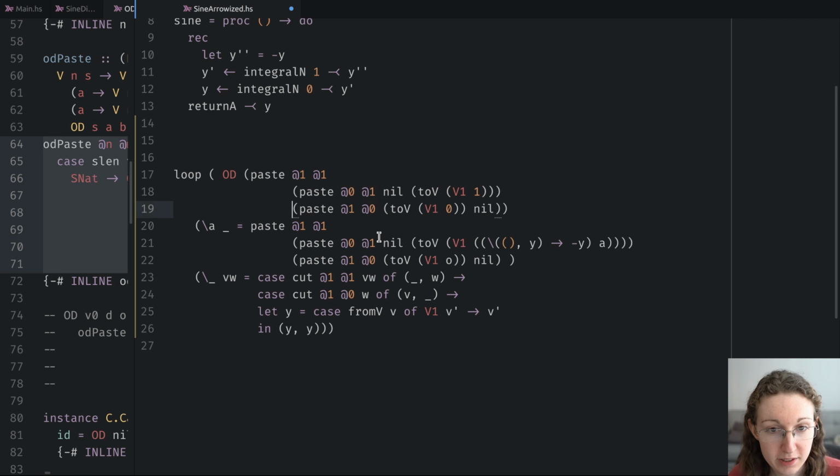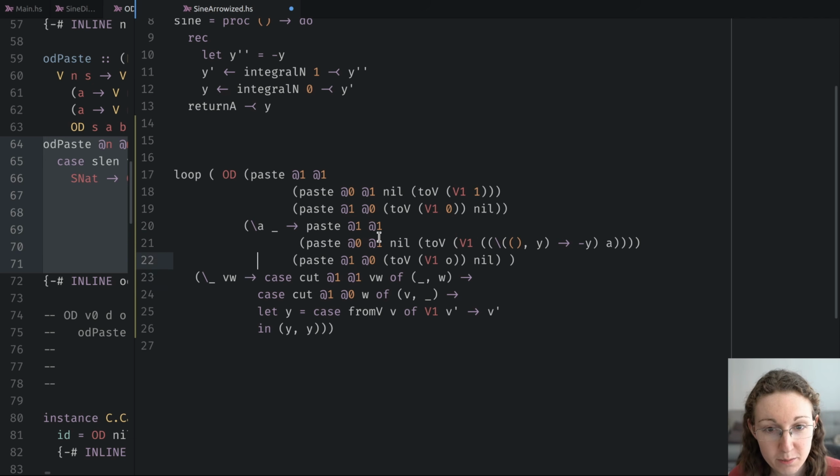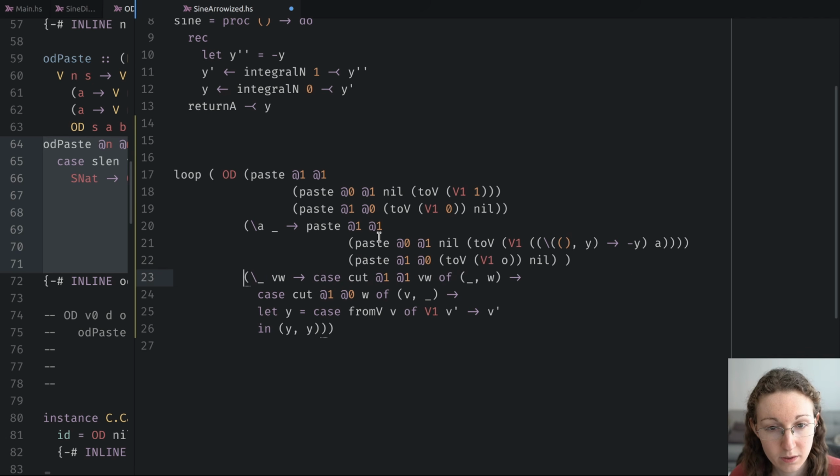Now, at this point, this is when I started to realize, okay, there's something interesting going on here that is not being particularly well optimized, because we're getting these long chains of pastes and cuts that are clearly just a huge waste of time.